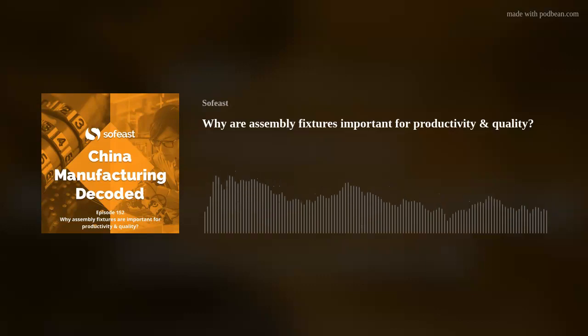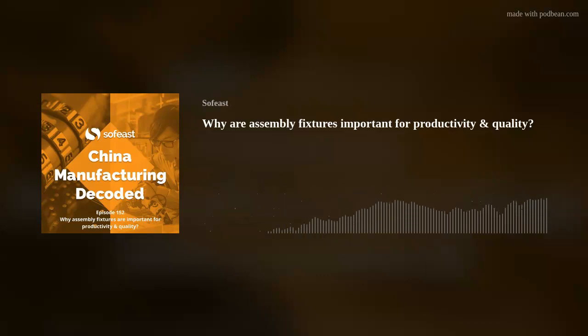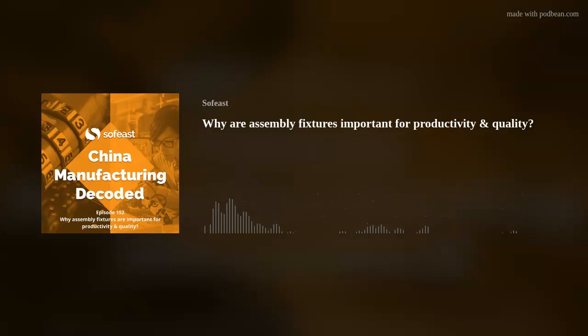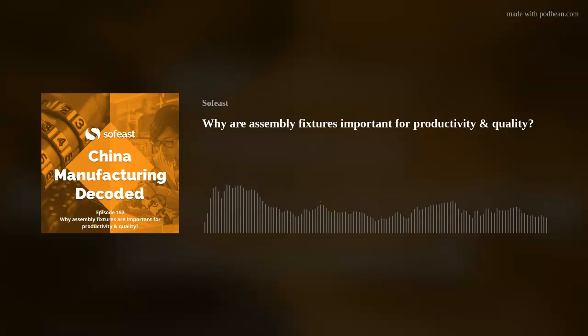So that's one way: blanking off areas, stopping a component being assembled in one particular orientation through the fixture and the way it's located in the assembly itself. That's a great way of using fixtures for ease of assembly and stopping components being assembled incorrectly.